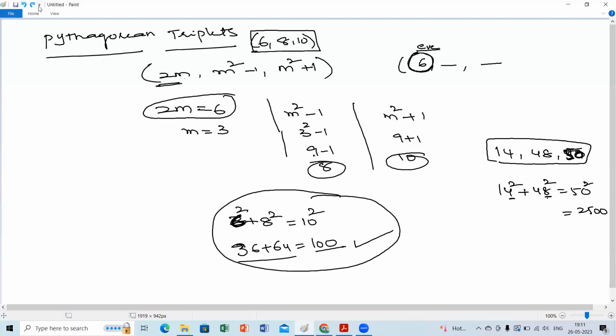You can find out the value of 14 square. What is 14 square? 196. What is 48 square, children? 48 into 48.